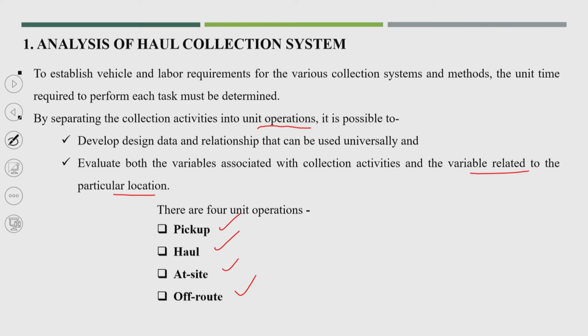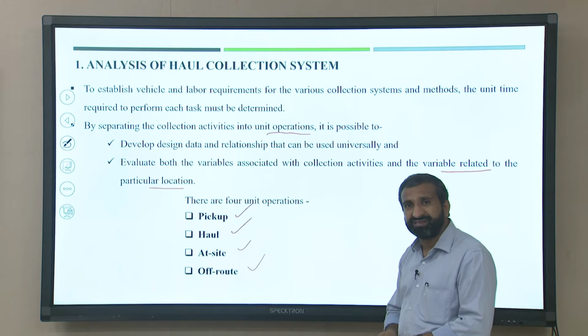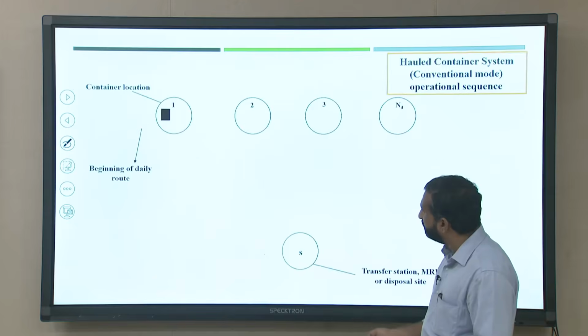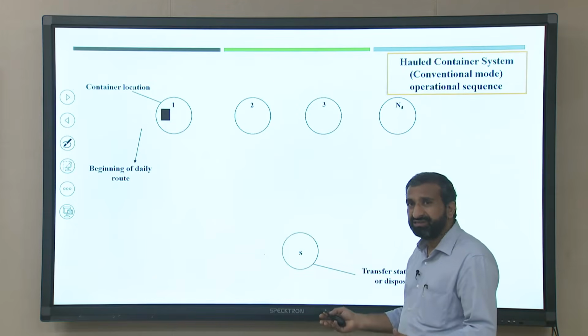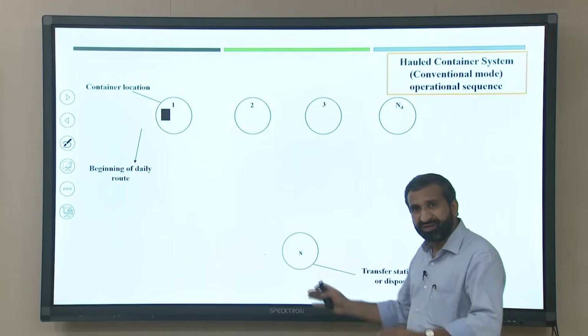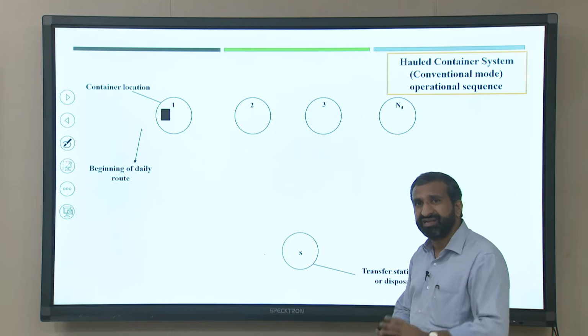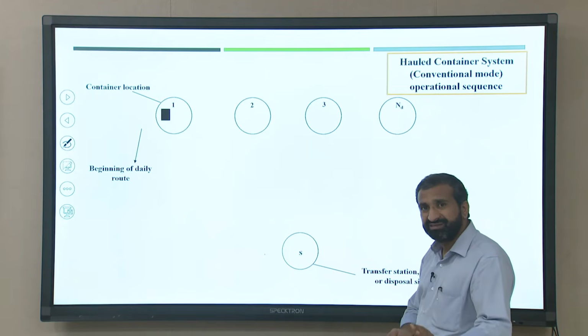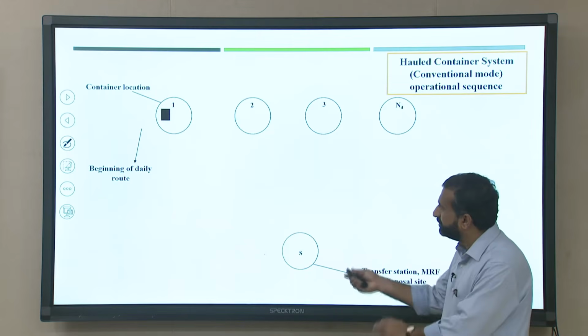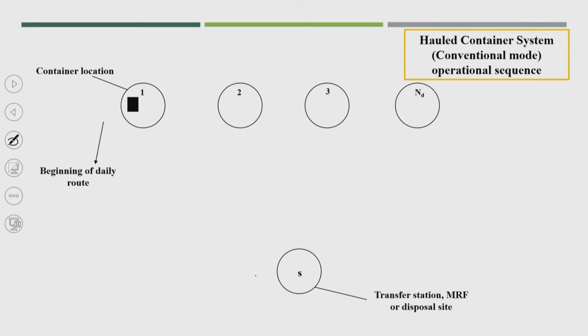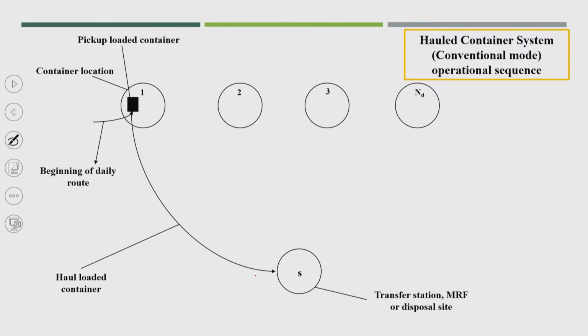Before going to the different unit operations, I just want to show one more time how this haul container system works, which I already showed in the first lecture on collection systems. The vehicle begins the daily route from the dispatch center and goes to the first location, picks up the loaded container and travels to the transfer station, recycling facility or disposal site to haul the loaded container.